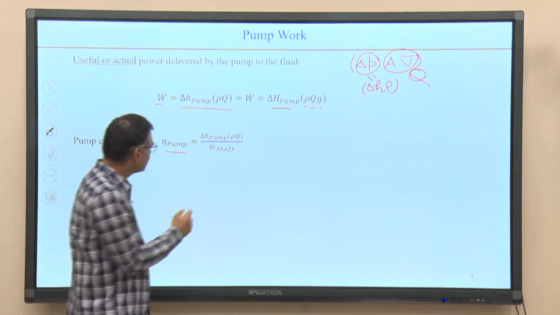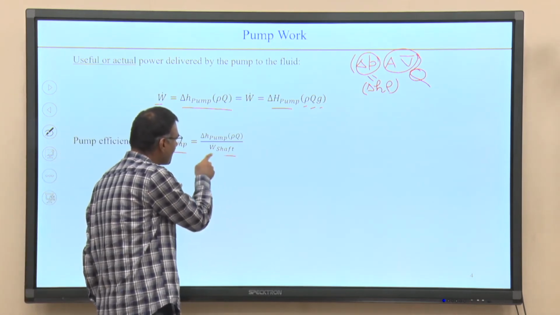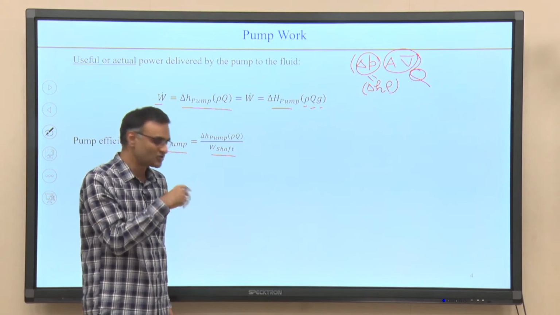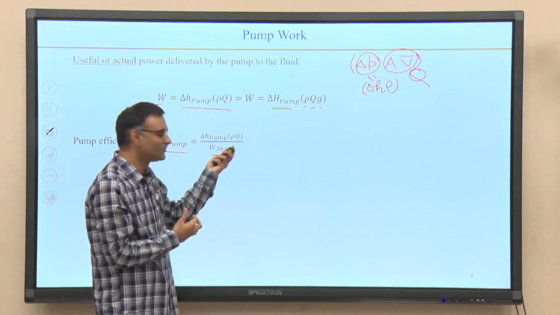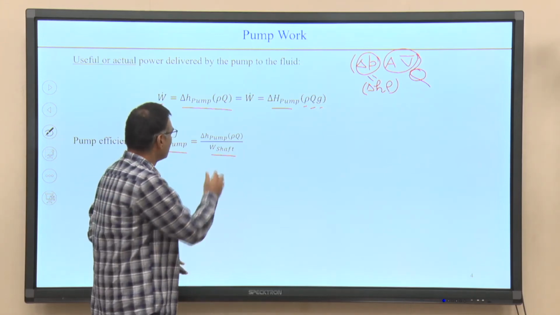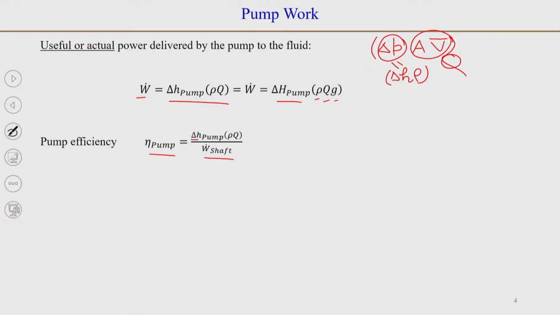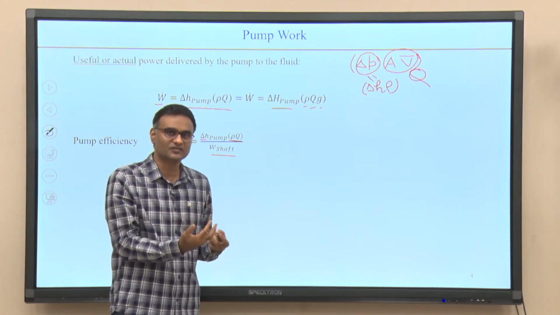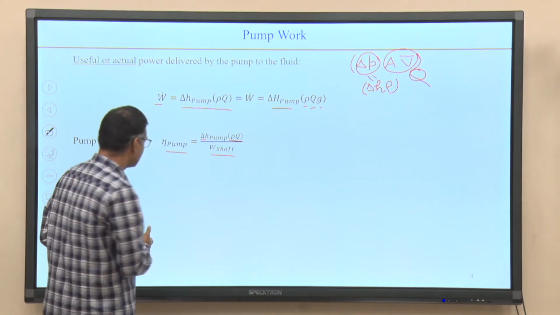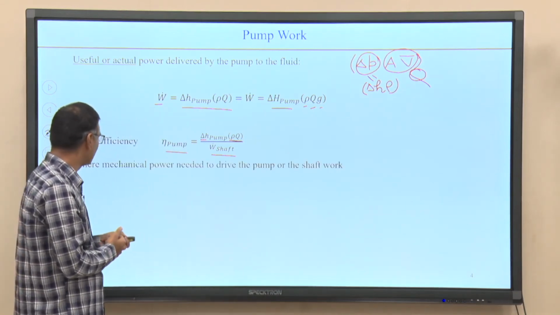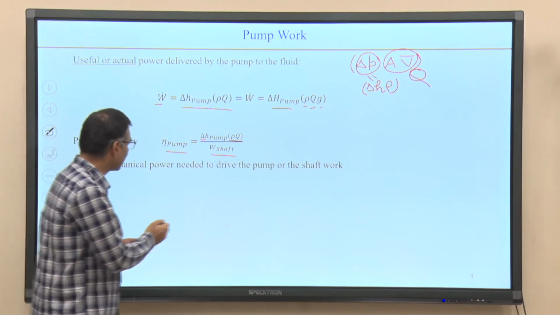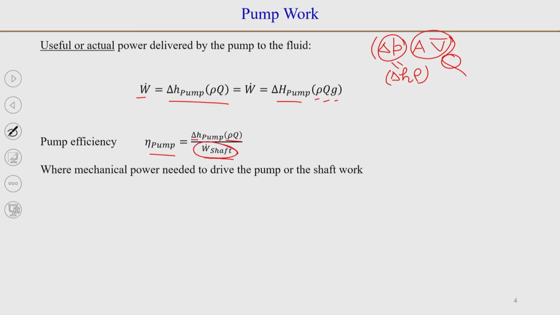The work that is being done by the shaft is what we call W dot shaft, and this is the useful work, the work that has been transferred to the fluid to increase the head of the fluid. This is mechanical work because it comes from rotating the impeller.